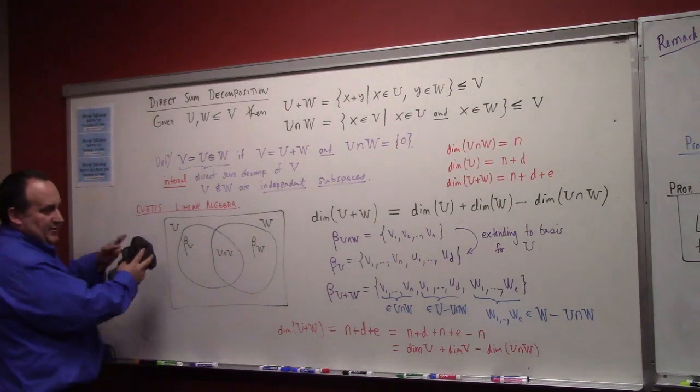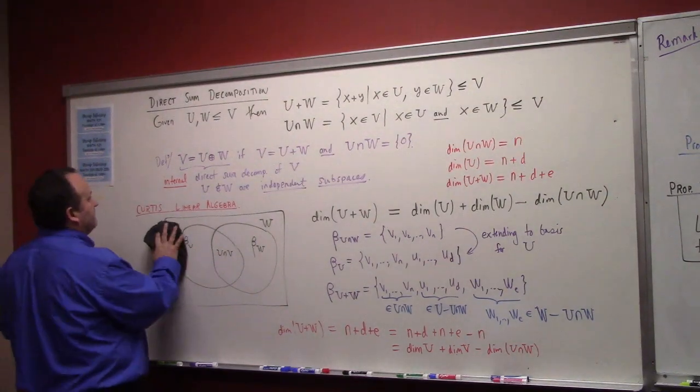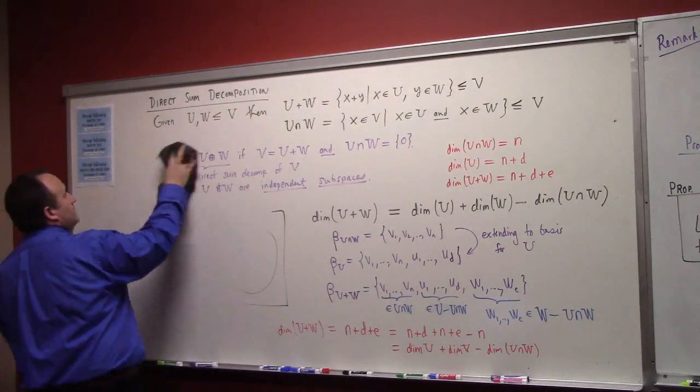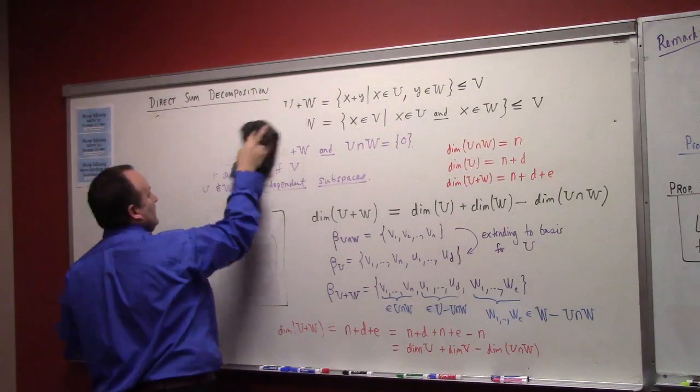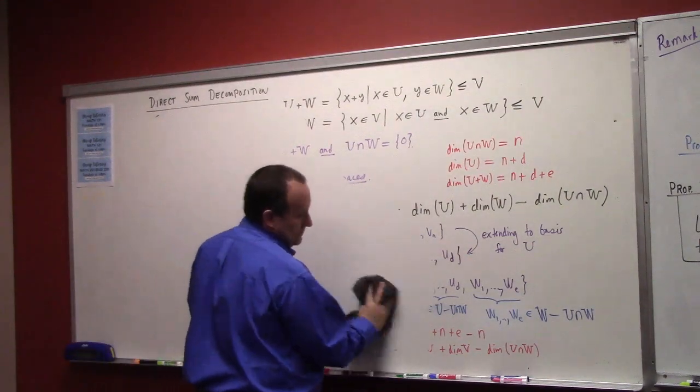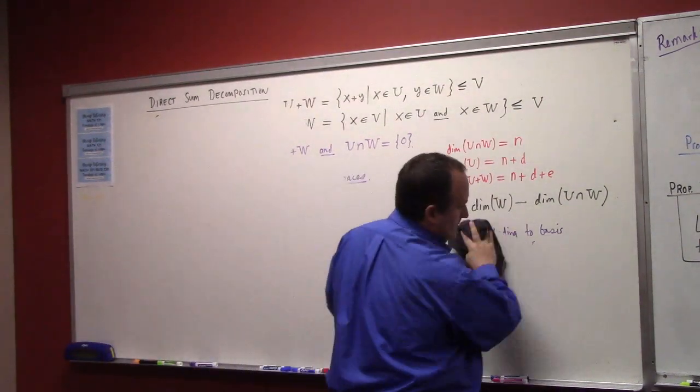All right, so I'm going to erase all this. So the external would be like a cross.